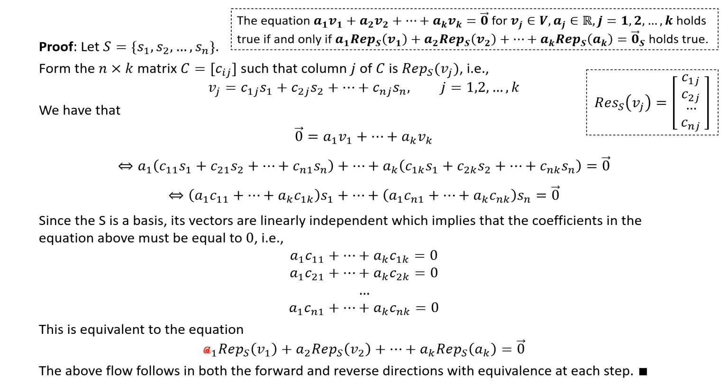And so each one of these statements goes in either direction, but we started with this and we ended with this, which is what we wanted to prove. Okay, so a little bit complicated, a lot of notation. You may need to stare at this a bit to identify this with this, and hopefully this will help you see that each one of these columns is one of the representations of the vectors v sub j in terms of the basis S.